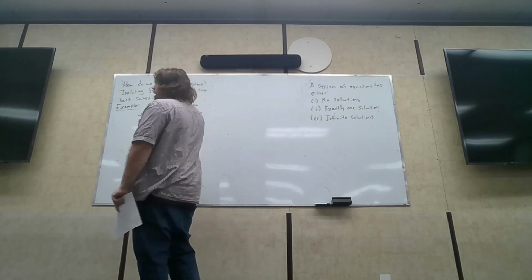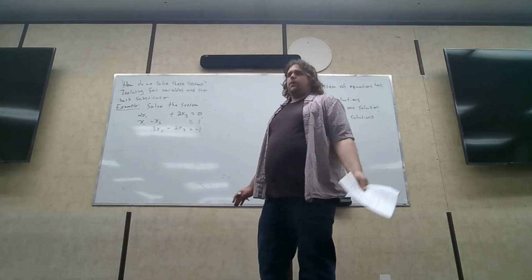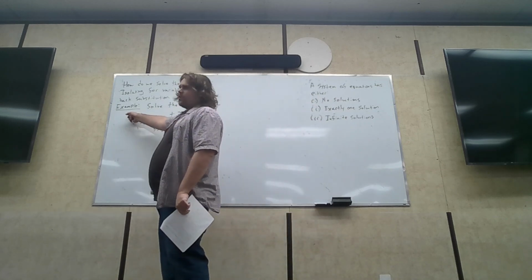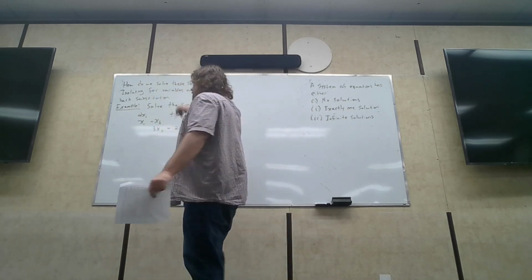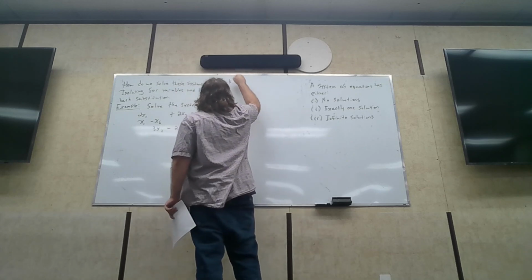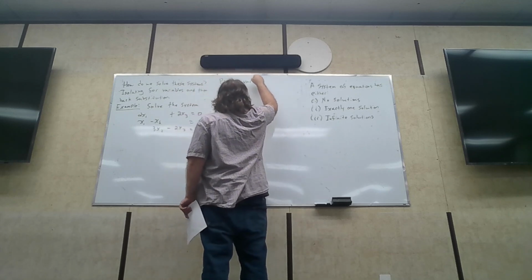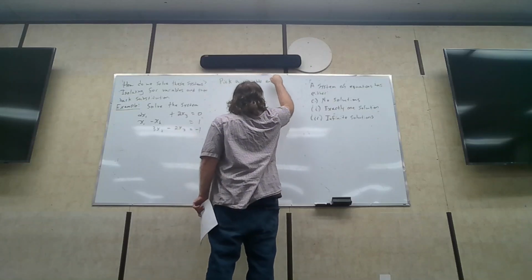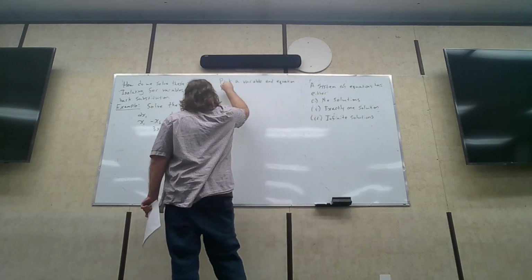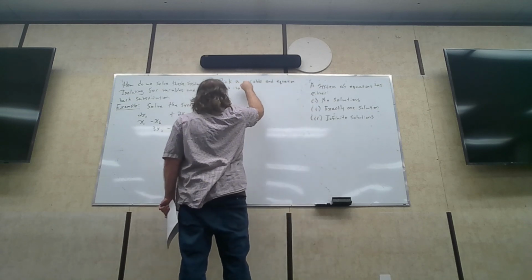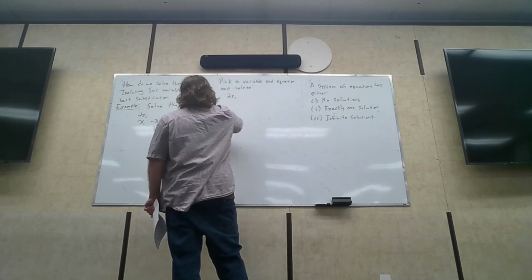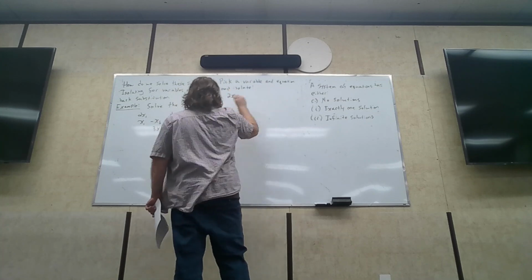So what we do is we pick one of the equations and one of the variables. It genuinely doesn't matter. But usually it's easiest to go first equation, first variable, and then work from that, right? So pick a variable and equation and isolate. So that means put the variable all on one side by itself. So that means we're going to move this to the other side.